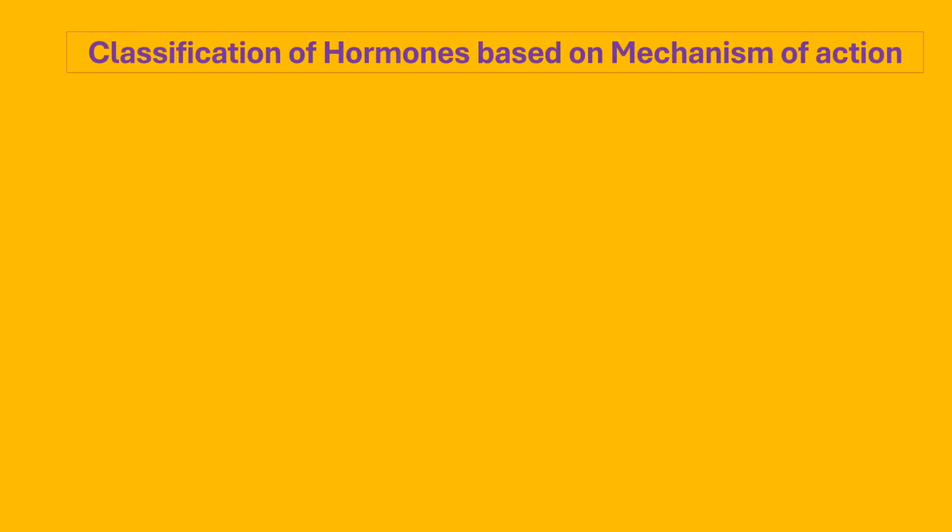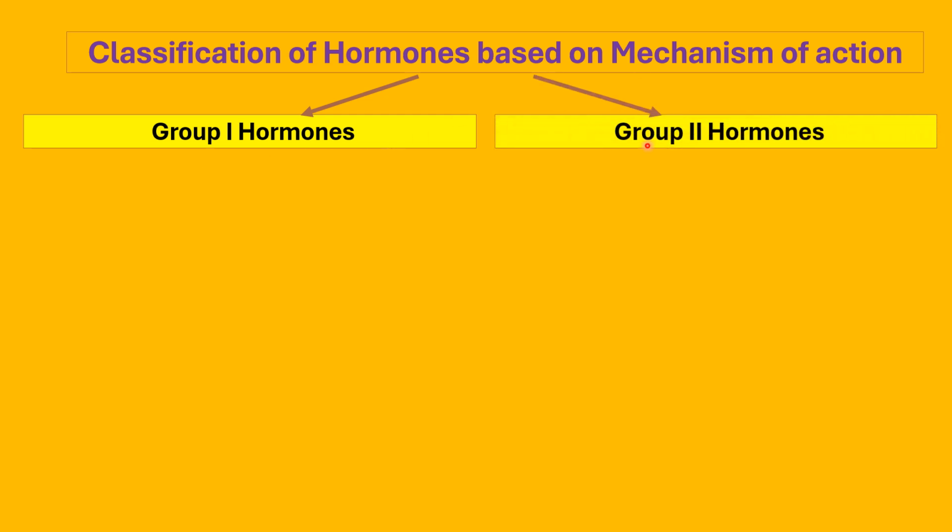Now coming to the classification of hormones based on the mechanism of action, they can be classified into two groups, group 1 hormones and group 2 hormones.